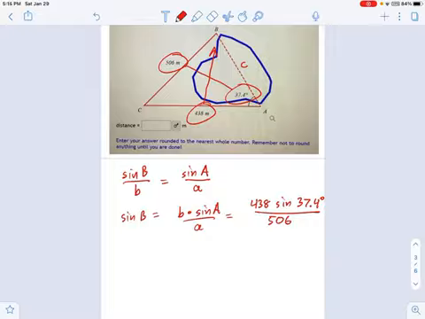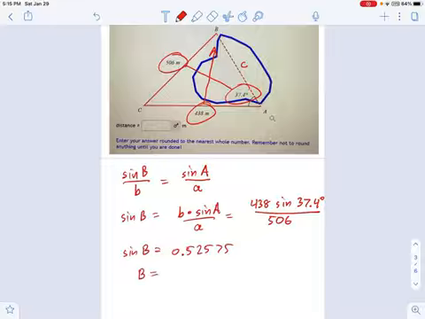438 sine of 37.4 divided by 506 equals, I get this, sine of angle B equals 0.52575 and so on, right? So now we do the inverse sine.